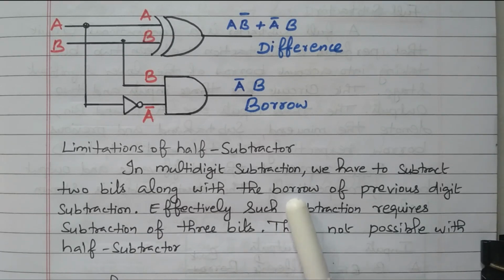Only 2 bits is not available practically. Practically it is impossible, right? So effectively such subtraction requires subtraction of 3 bits, right? So this is not possible with half subtractor. Half subtractor gives only 2 bits. Practically what we need? 2 bits along with the borrow. So that is the limitation of the half subtractor.